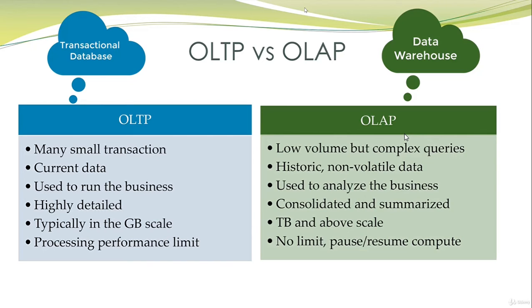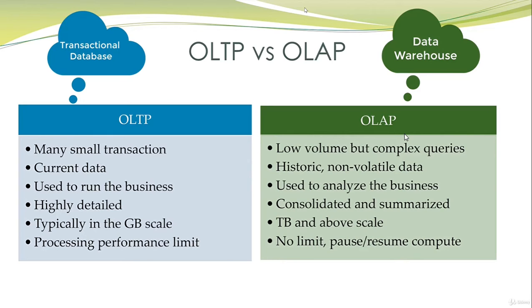With an OLTP database, I am running my business. With an OLAP database or data warehouse, I am analyzing my business. A database contains highly detailed information. Every single aspect of that transaction is there.